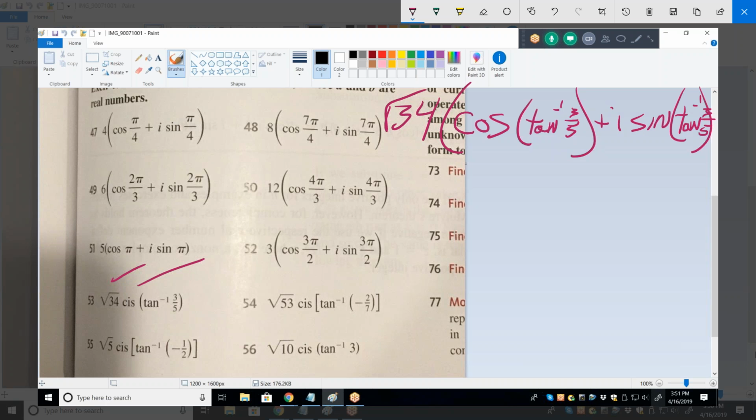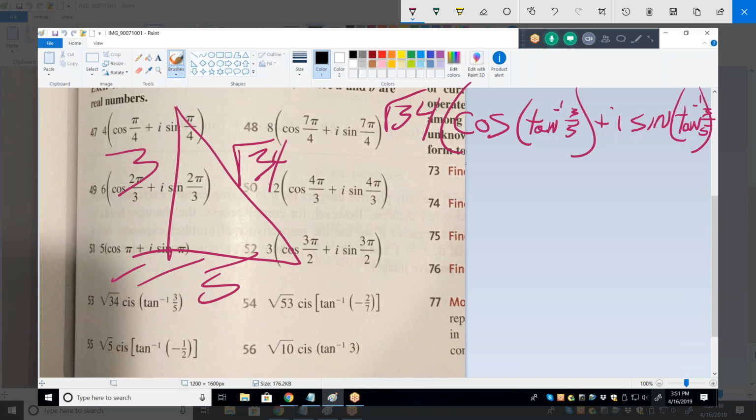In fact, it's much better to do it the way I suggested, because if you feed that into a calculator, you're going to get a rounded off answer. Then you're going to be taking the cosine of a rounded off angle. And watch what happens here. Remember what our triangle was? It was 3, 5, root 34.